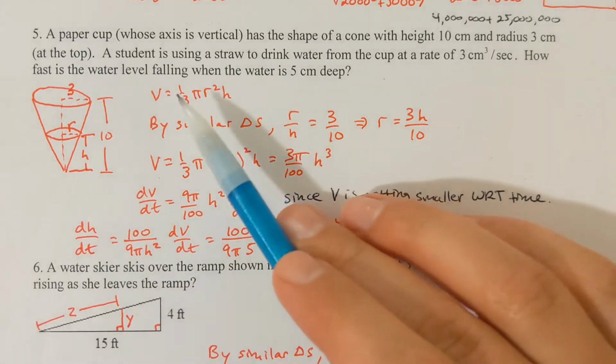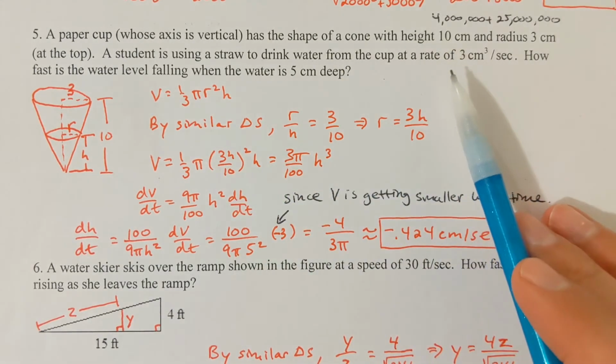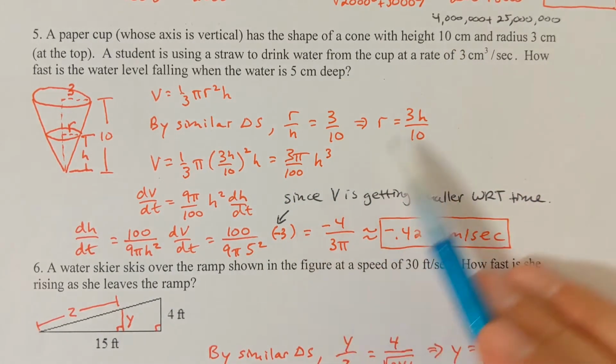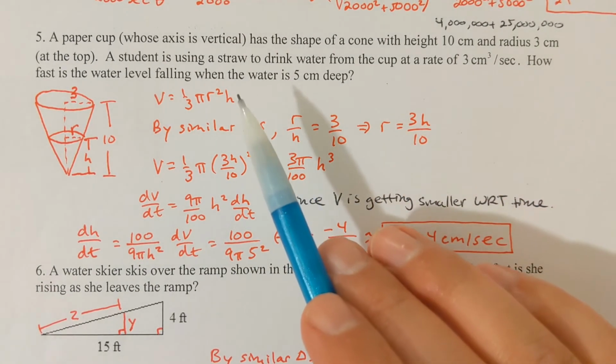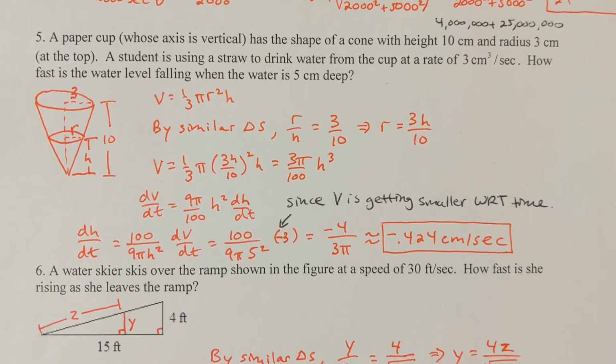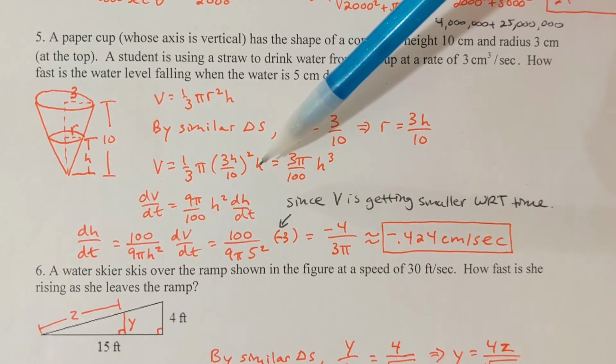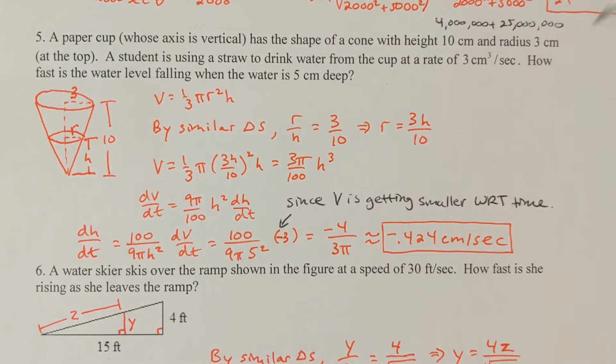Now dV dt would be -3. I'll comment on that once we get there. But I don't know dr dt. So if I were to differentiate both sides, I'd need a product rule, and then I would be stuck because I don't know dr dt. So before we differentiate, it'd be nice to rewrite this formula so that it's all in terms of h. And I need to find dh dt.